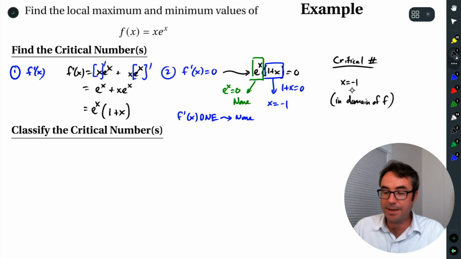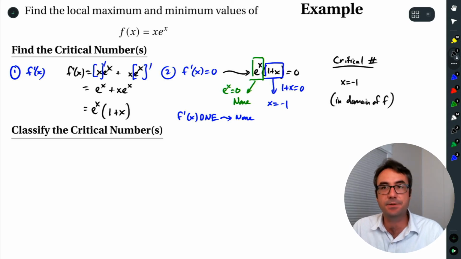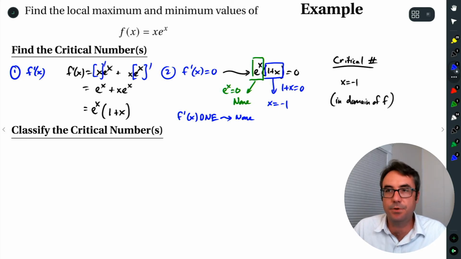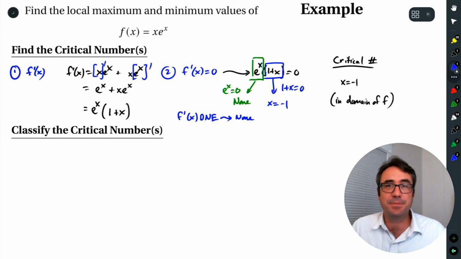All right, so we found our critical number. Now we actually want to classify this critical number as a max or a min. So we have options: first derivative test, second derivative test. Let's do second derivative test. And you could also use first derivative test. Perfectly fine to do that. And honestly, that one actually might be a little quicker because we have to do second derivative here, and that means we got to do another product rule, and then we'll have to simplify it a little bit.